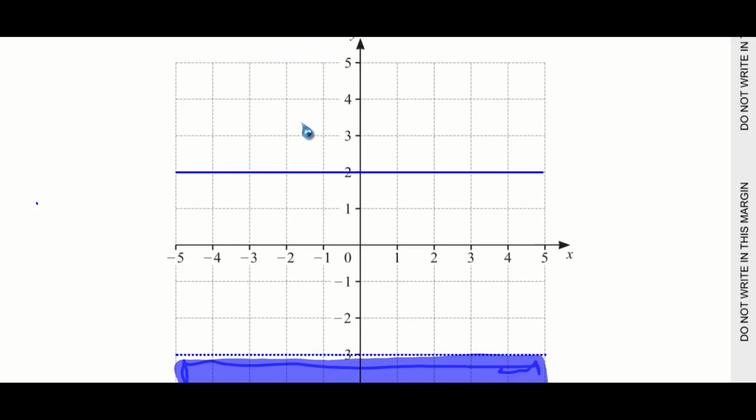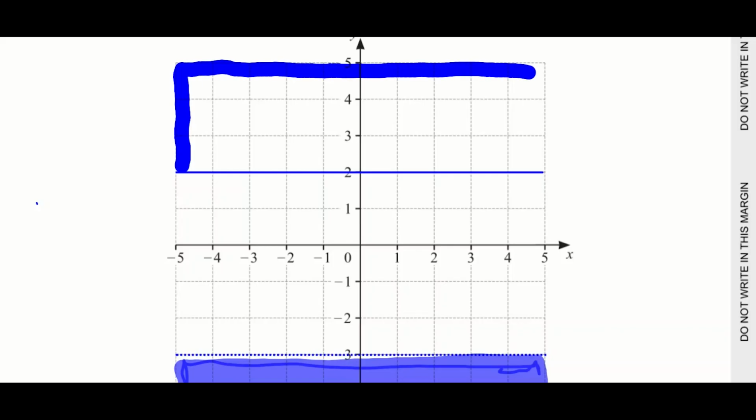The unwanted region will be above this line. So let's carefully do this. We have to shade all of these and carefully do this as well.